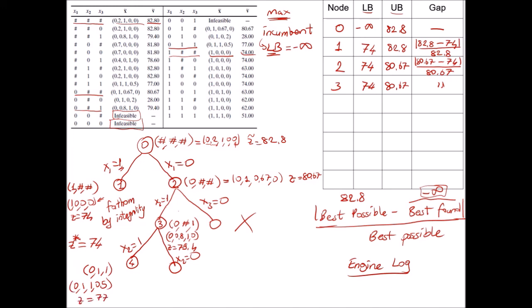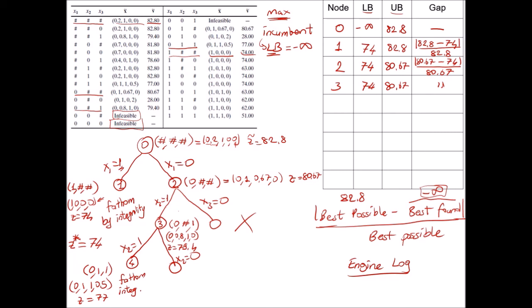Now I need to make a decision at this point. Can I fathom this branch? Because of infeasibility? No. Because of integrality? Yes. Because all decision variables are integer, so we fathom because of integrality. And when we fathom by integrality, I need to check.